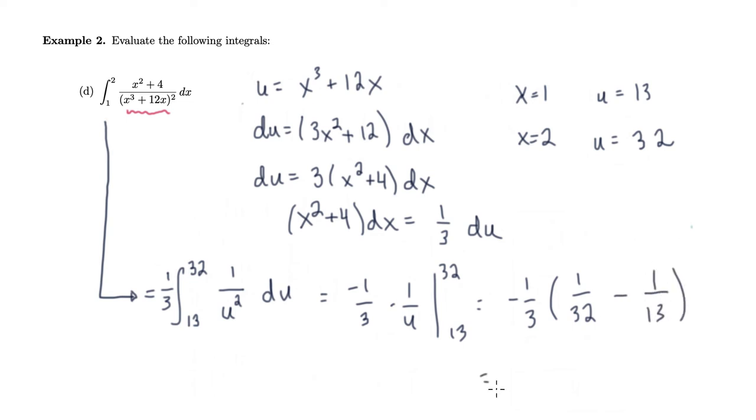And you can just leave it like that, that's correct. But if you do a little bit of subtraction of fractions, or maybe just use a calculator, either way, you can see that this is equal to 19 over 1,248. So that's the area underneath the graph of this function between x equals 1 and x equals 2. Or in other words, it's the evaluation of this definite integral.